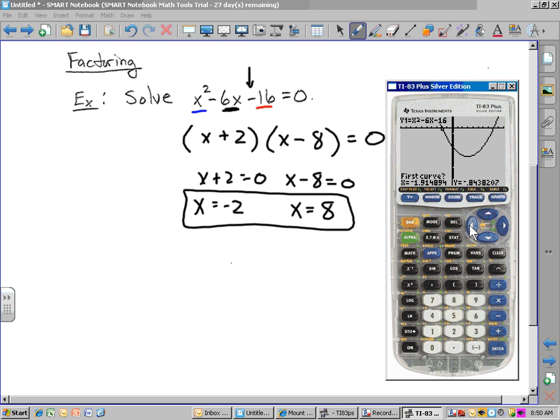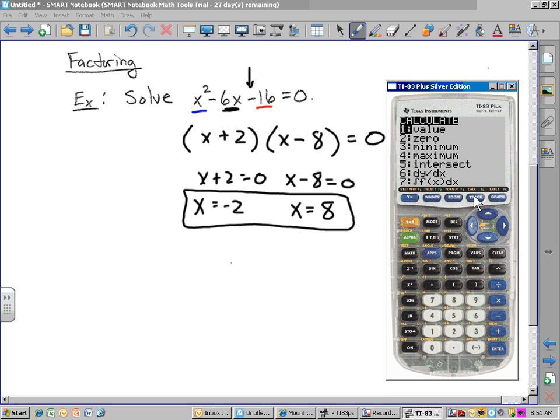Okay, and what this is doing is it's finding the intersection of our equation, x squared minus 6x minus 16, with the y-axis, which in this case is 0. So with y1 and y2. So we just hit enter 3 times. 1, 2, 3, and it'll find it. And it's saying x equals negative 2, which is one of our solutions.